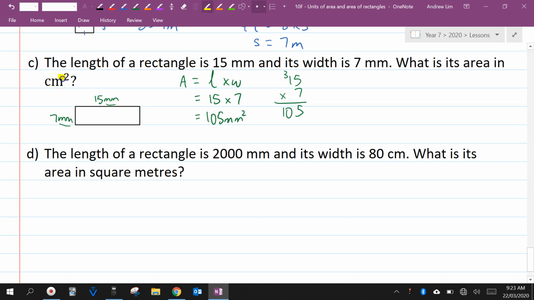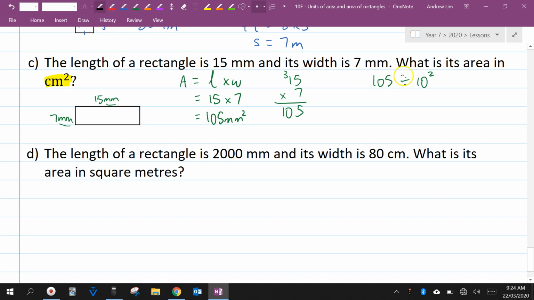However, the question wants us to work out the area in square centimeters. So now that we know how to convert different units of area, let's convert this 105 square millimeters into square centimeters. In order to do that, we need to divide. So 105 square millimeters into square centimeters, we need to divide it by 10 squared.